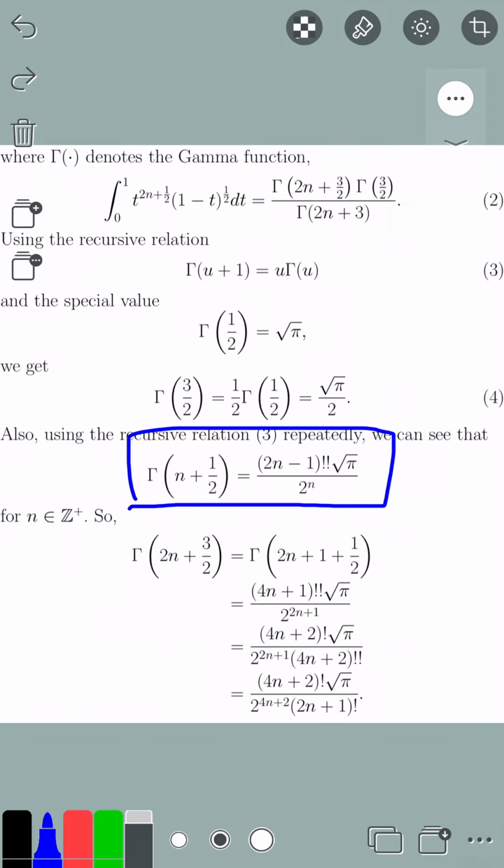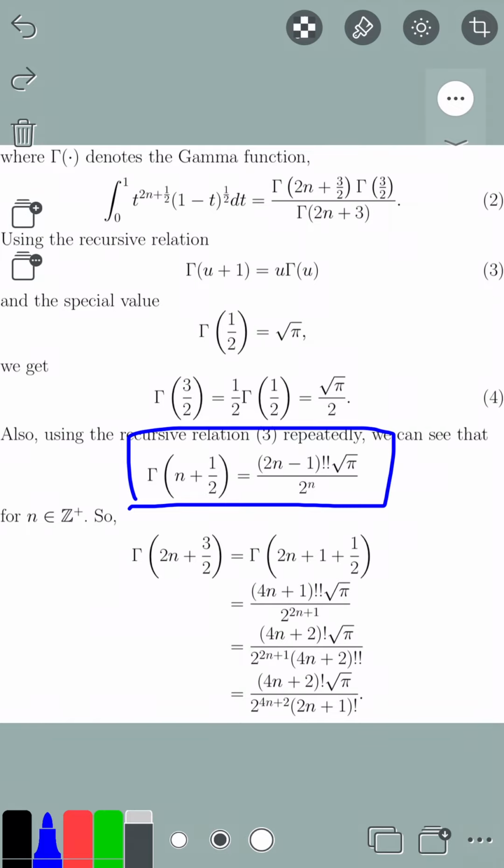The reason why we only care about the integer values of n is because here we're just taking the sum from n equals 0 to infinity. We don't need to care about all real values of n.